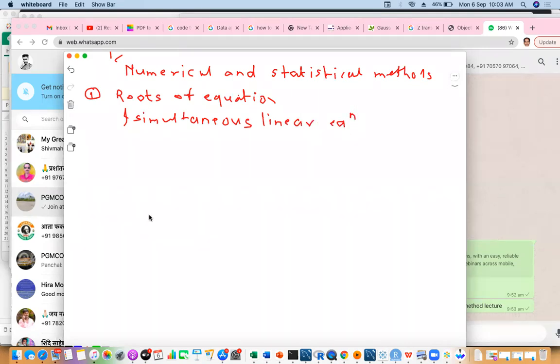Okay, so we'll be starting our first chapter, roots of equation.